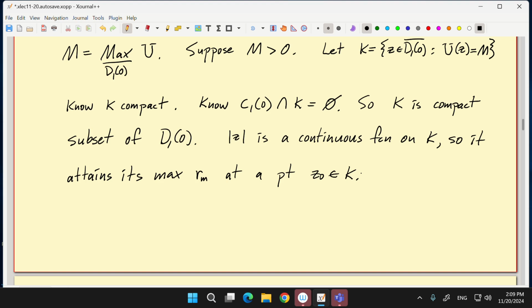Okay, here's the picture now. Here's the unit disk. Here's K. Here's the point z naught, where it assumes its maximum. That's the maximum radius.